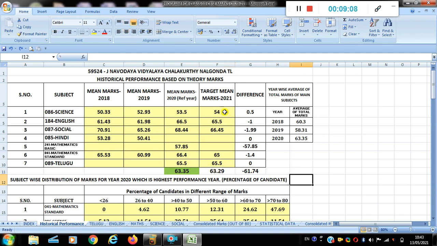Also make sure that the difference of reference year and present year subject average must be plus or minus 2.